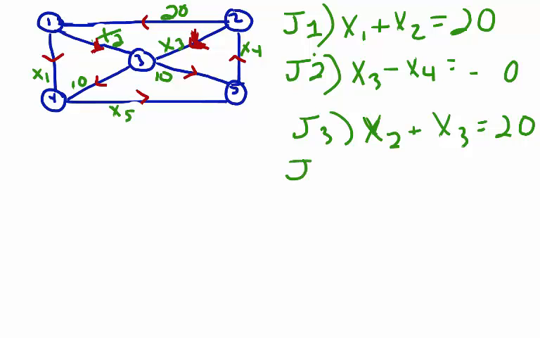For junction 4, we have x1 flowing in, and then x5 is flowing out, so that's minus x5 equals, and then since 10 is flowing inward into the junction, that's negative 10.